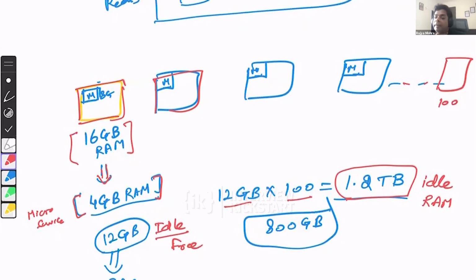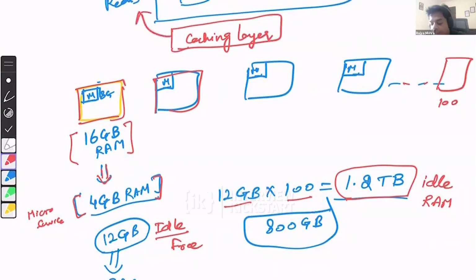And let's say you have to add a caching layer before your application service, right? Let's say we have to add a caching layer here. One choice is we go for Redis. In that case, Redis will run on their own set of servers.